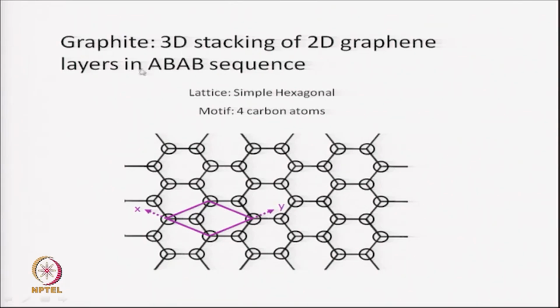First of all, note that I am saying that the stacking sequence is AB. This is important to keep in mind, because many times it is incorrectly assumed that the graphite layers are one above the other. So, the second layer is not exactly above the bottom layer, but is shifted in its plane. How it is done? I will show you now.